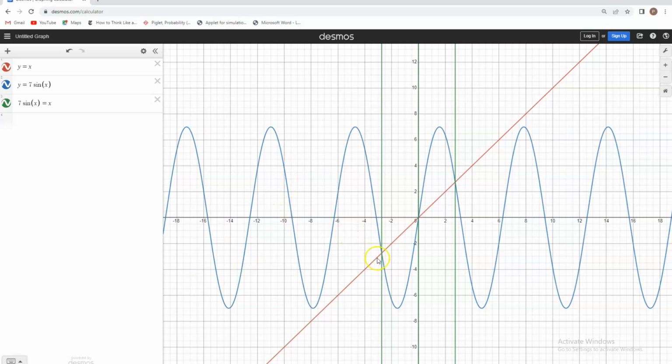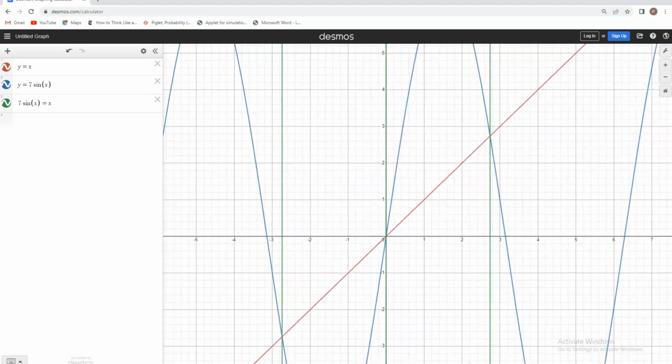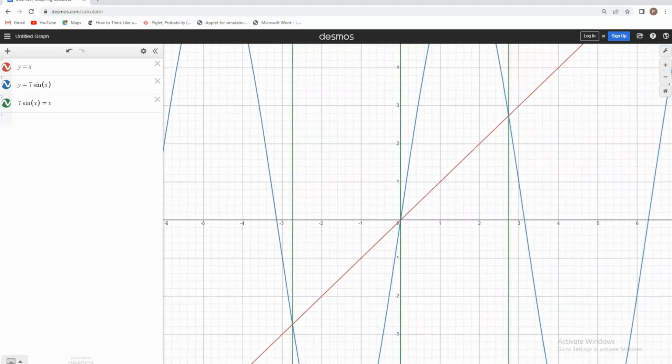Here the straight line is for y equal to x and the blue part is for y equal to 7 sine x. And for the third part, I try to find the intersection between these two. So what was given was 7 sine x equal to x, and these green lines are used to find intersection points.